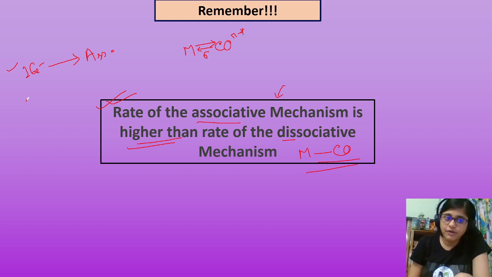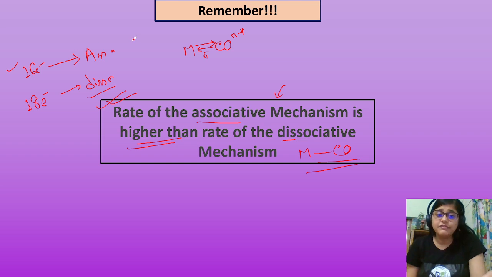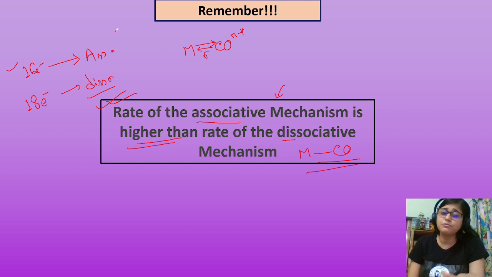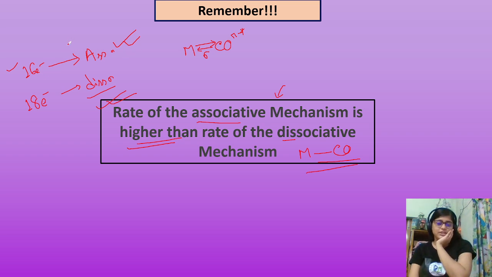And if a complex has 18 electrons, generally it will go towards dissociative. So if you are asked which is the faster reaction, which will give the product faster, you will answer the 16 electron species, which goes through the associative mechanism.